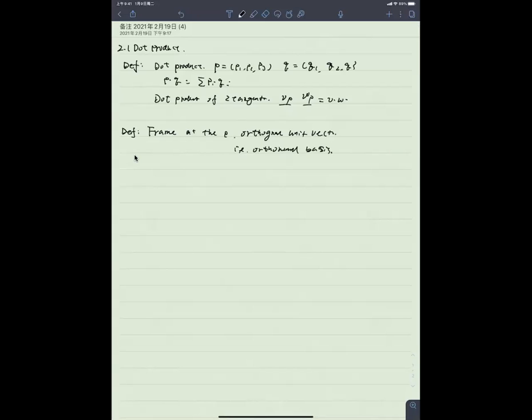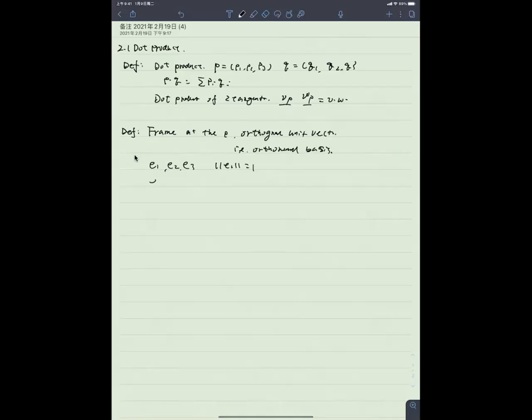The orthonormal basis does not have to be x, y, and z. It could be any direction, as long as e1, e2, e3 have norm equal to 1 and are pairwise perpendicular.